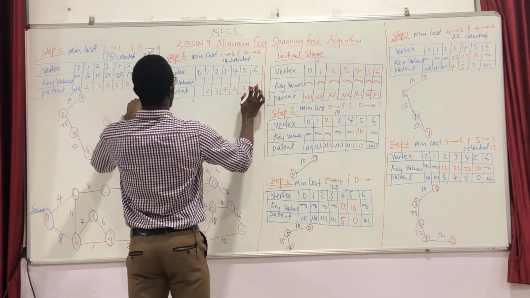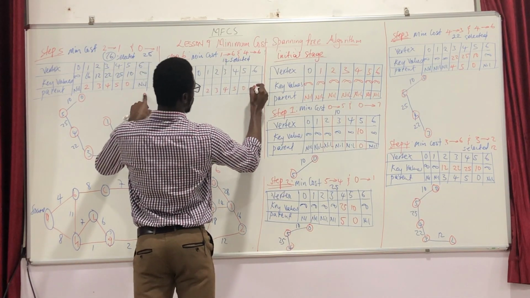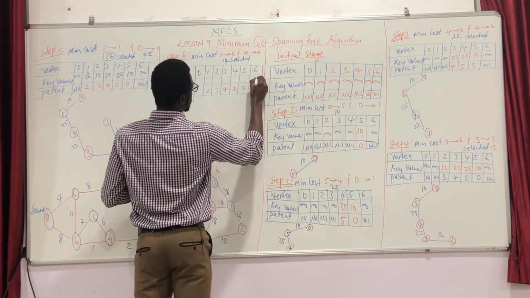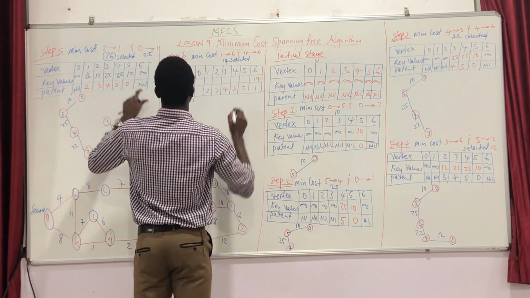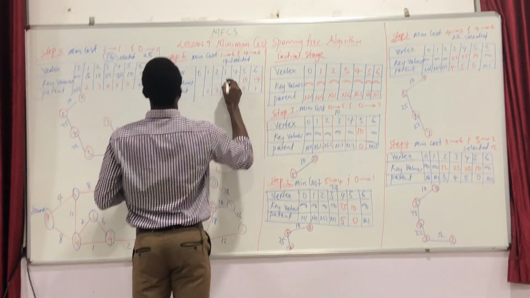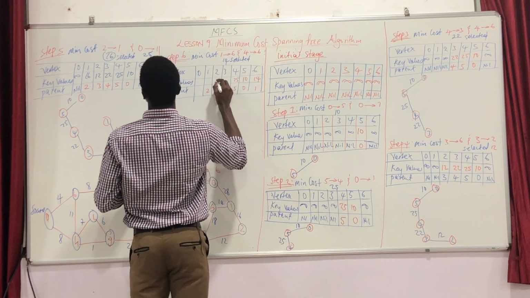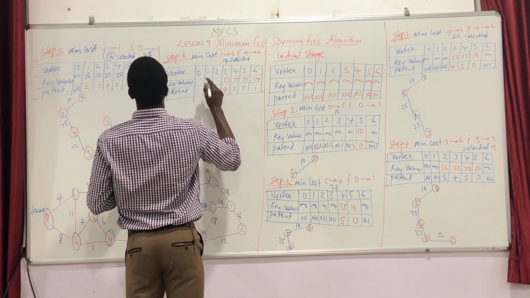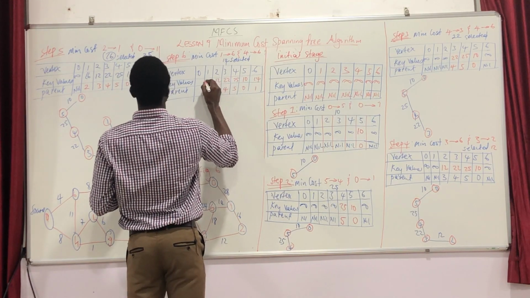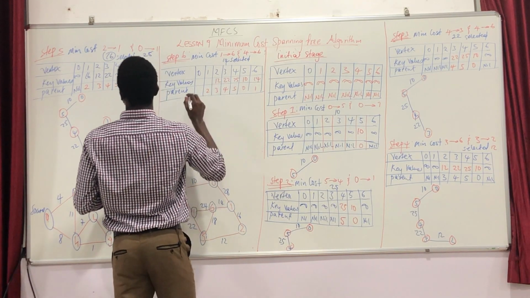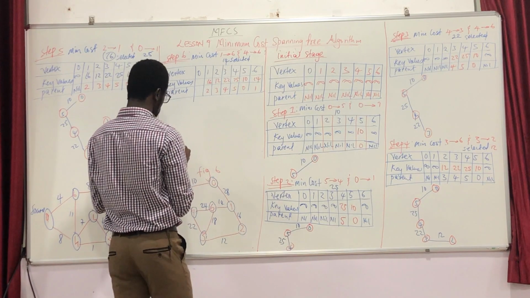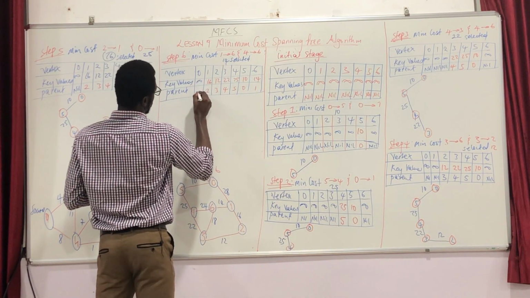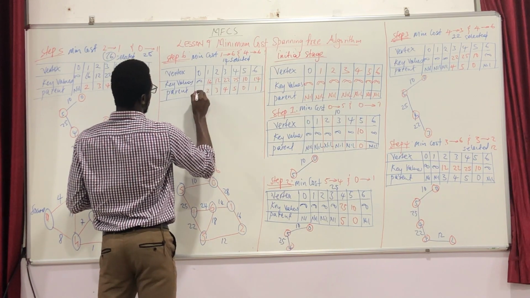Now we have 1 to 6, so we start here with 1. So 1 to 6 is 14, 10, 25, 22, 12, 16 here. And now I have this one here, and we have nil here.